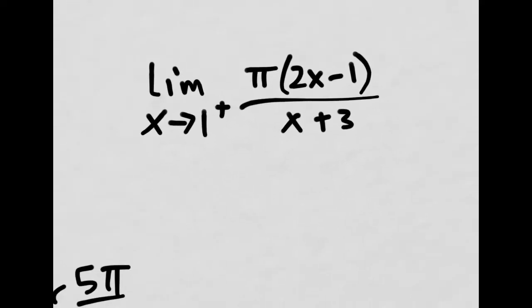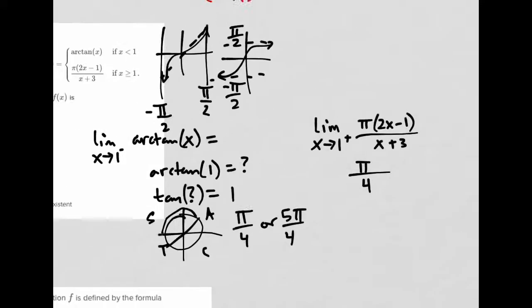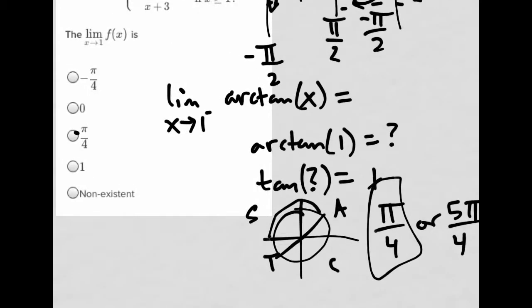So, let's try to plug it in. We plug in 1. So pi times 2 minus 1 is just pi over what? 1 pi over 4. There we go. There we have it. So the limit is just pi over 4.